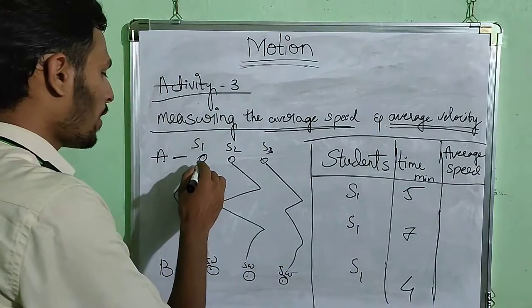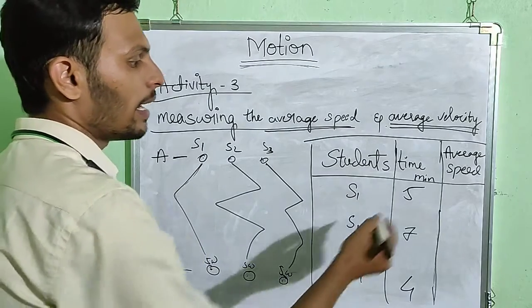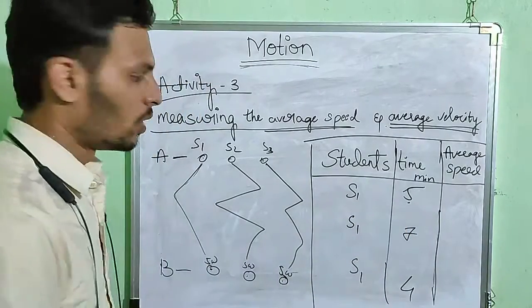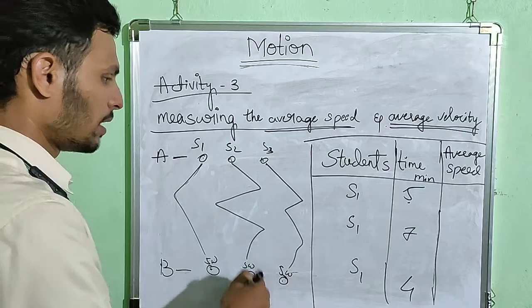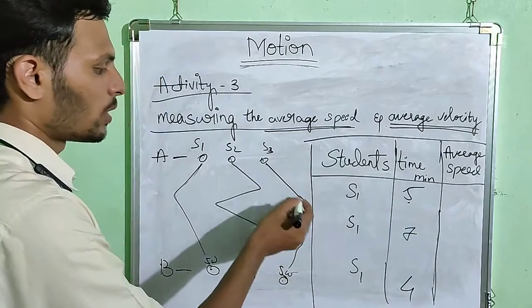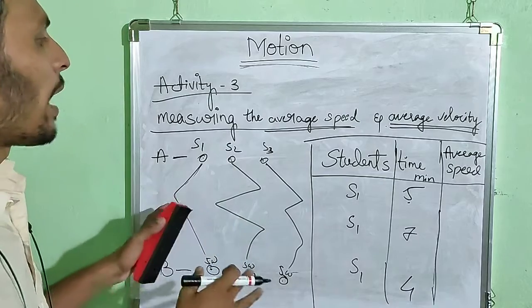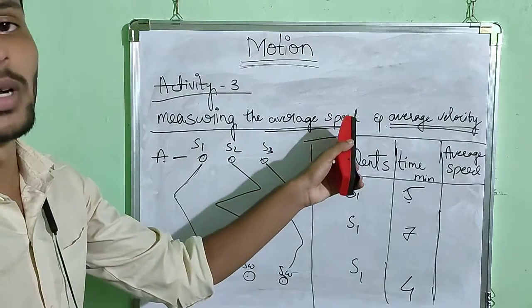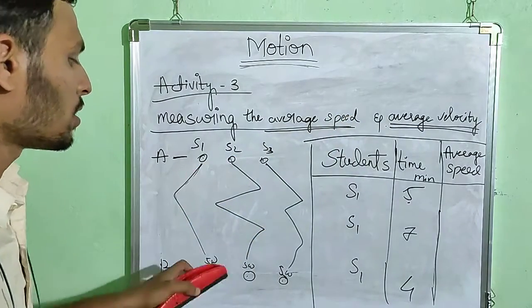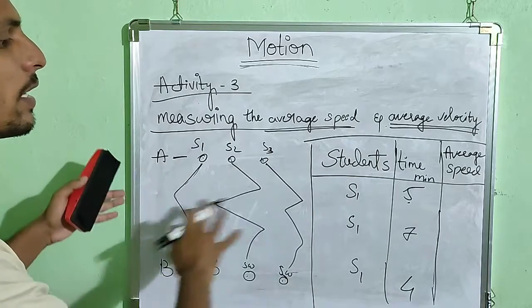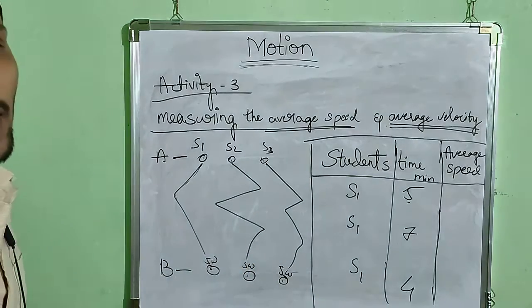You have to note the distance, then divide it by time. This is how you calculate the average speed. Speed has no direction, that's why students are dispersing in different directions.